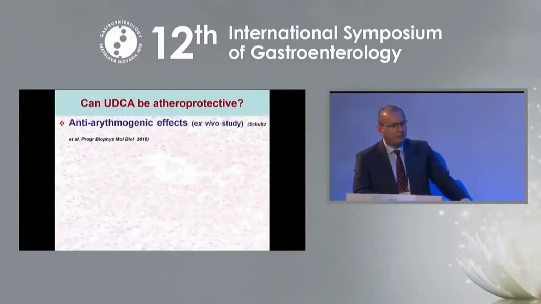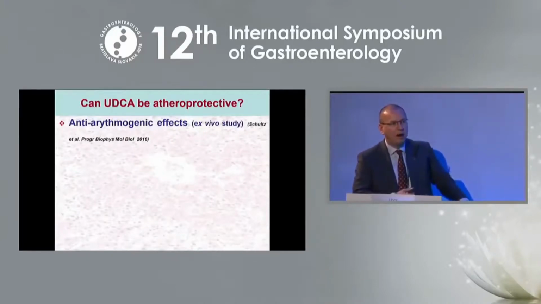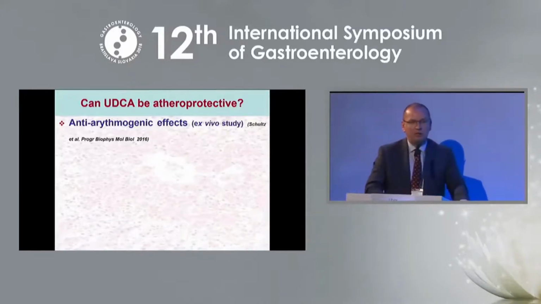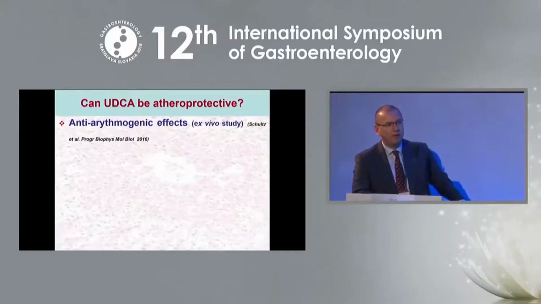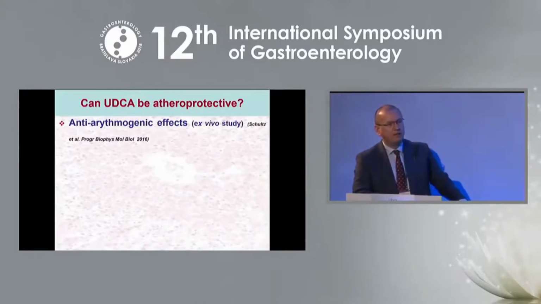Because the only widely used bile acid modulator, or bile acid per se, is ursodeoxycholic acid, the question is whether this acid can be atheroprotective. There is a pile of evidence. Some of this evidence comes from preclinical animal studies. Some is from clinical studies, from clinical trials. We know that UDCA has an anti-arrhythmogenic effect.